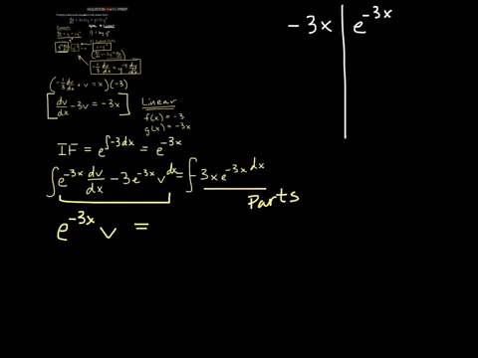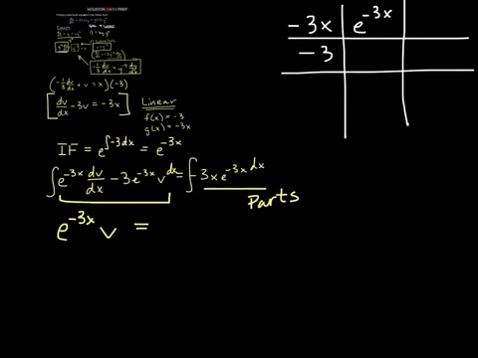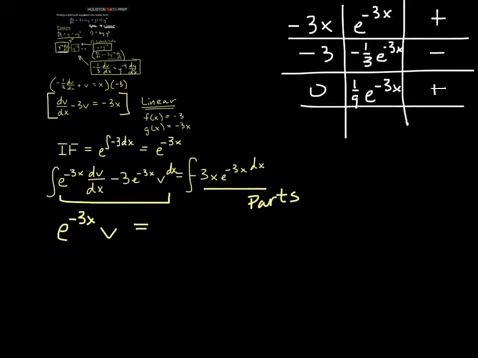We'll continually differentiate u, so that will give us negative 3, and then when we differentiate again, it'll give us 0. If we integrate e to the minus 3x, that'll give us negative 1/3 e to the minus 3x. And if we integrate again, that will give us 1/9 e to the minus 3x. And our signs will change according to the by parts rule.